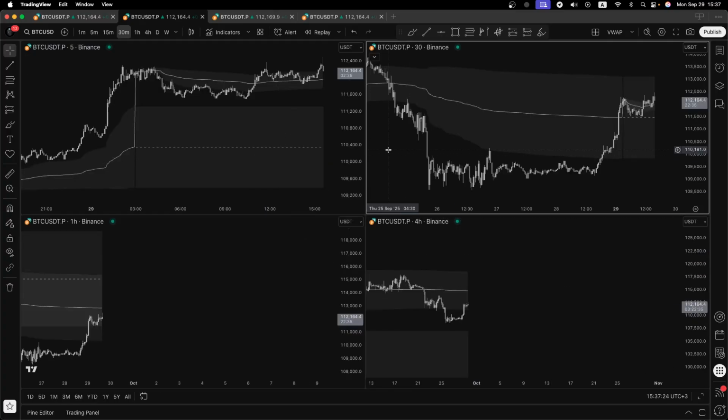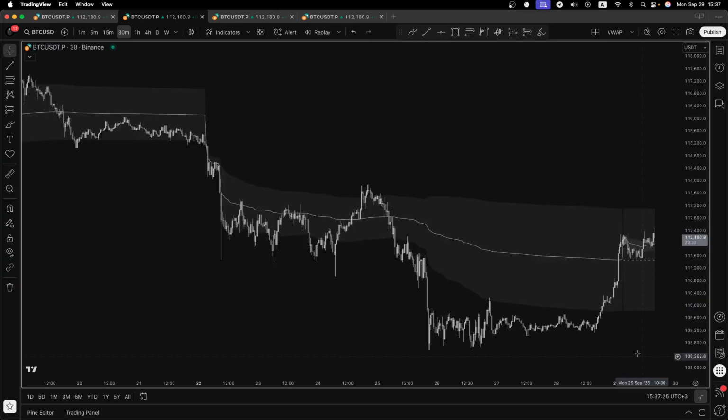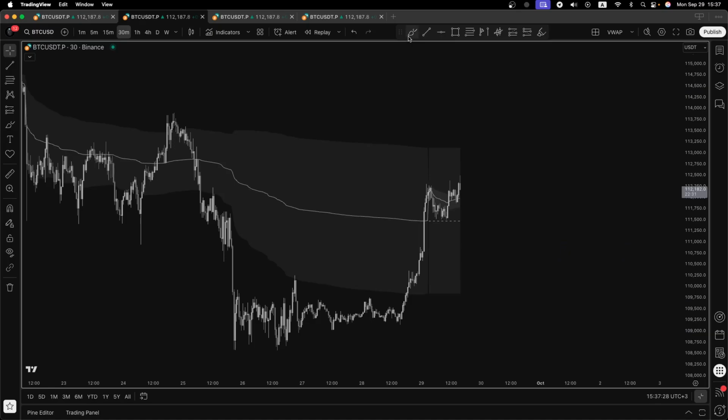Now, regarding this week, we have formed the weekly value right into our levels of interest. Here, the weekly value area high aligns with the 2-week composite value area high. So at 113, 112 point something, this is a huge area to act as resistance.